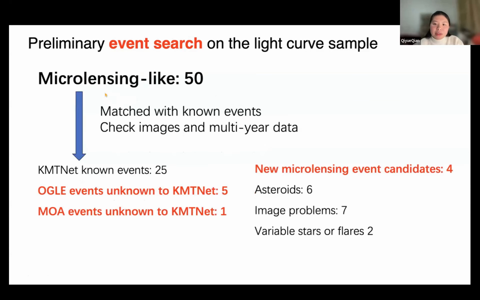And to further check these lightcurves, we match them to the previous events, and for the unknown events, we checked their images and the multi-year data. We found 50 microlensing lightcurves, including 25 known KMTNet microlensing events, and 6 events missed by KMTNet in the previous search.